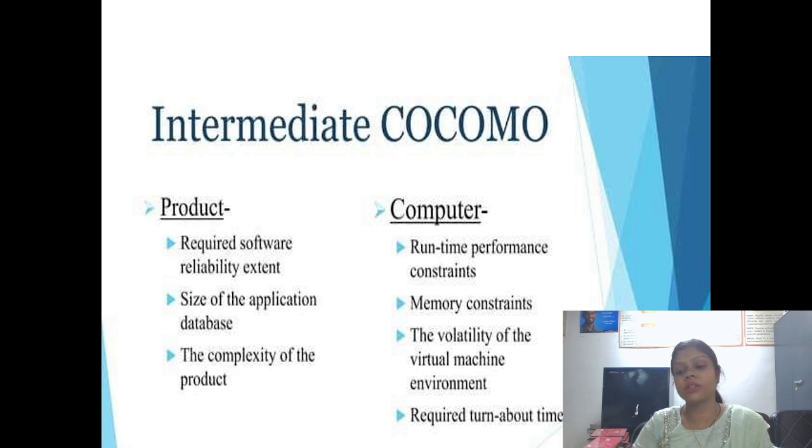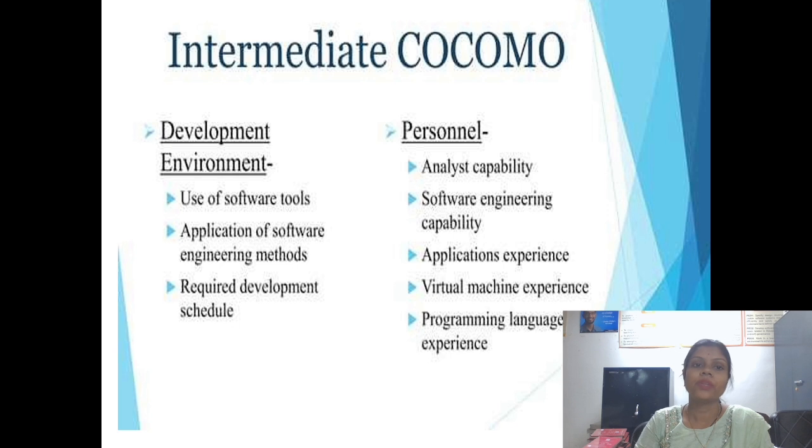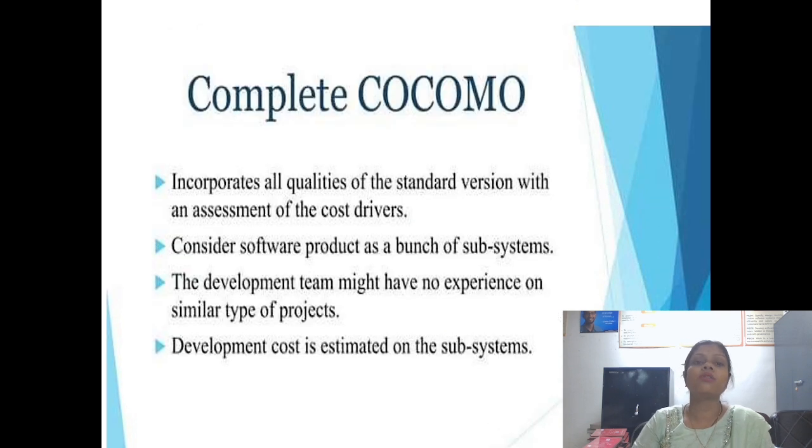The complexity of the product is also there. Intermediate also covers development environment and personnel environment. Software tools and analysts and application of software engineering methods are used, and software engineering capability and application experience are used in the personnel part of the COCOMO model.